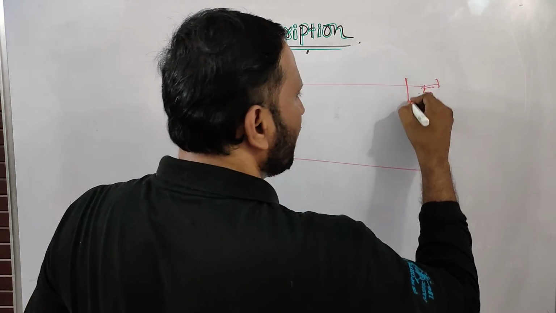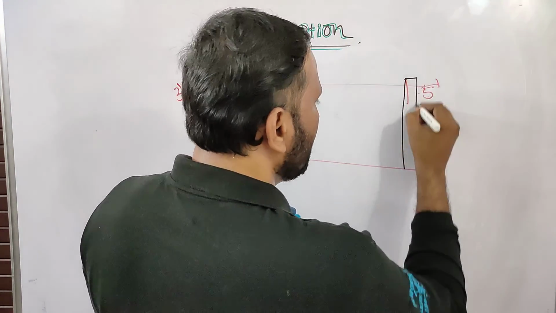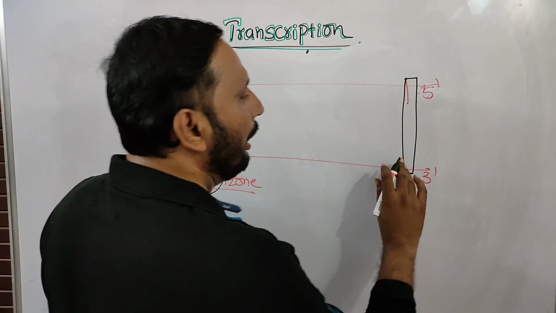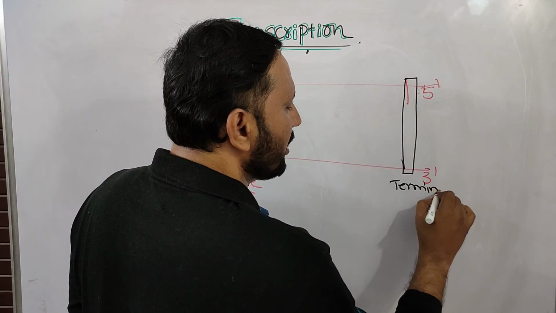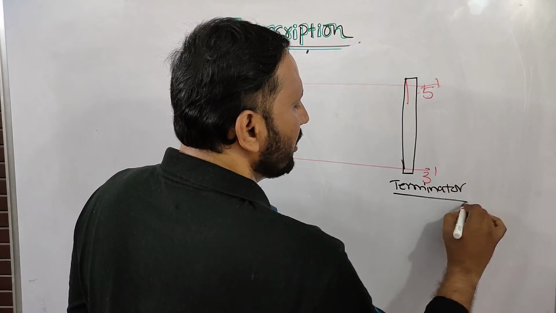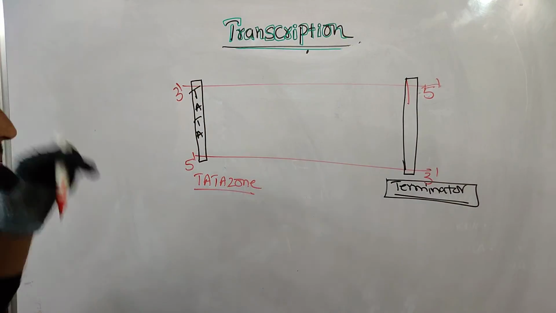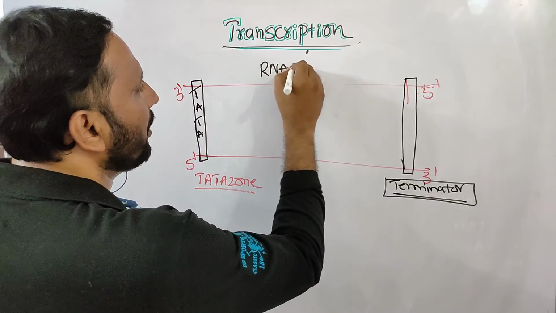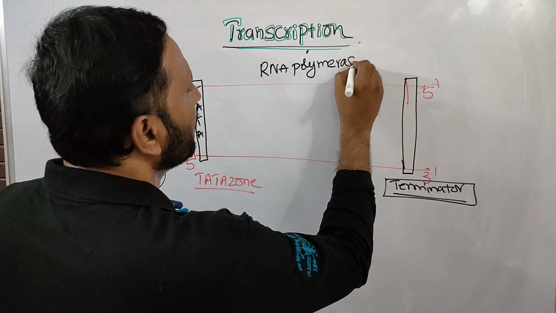And terminator. So this is the terminator. Terminator also contains a nucleotide sequence, which terminates the mRNA synthesis. So especially the RNA polymerase enzyme is involved in the transcription.